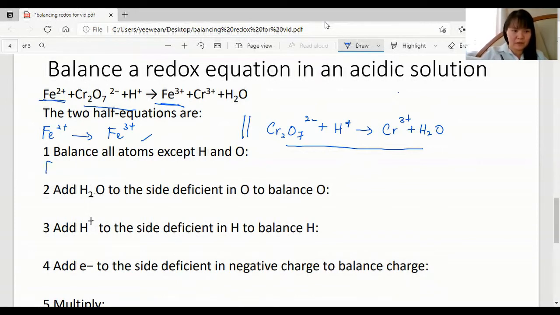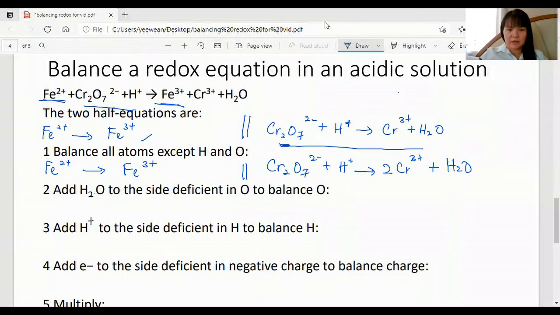So the Fe is already balanced. The other one, there are two Cr here. Okay, I've taken care of the Cr, but I didn't bother about the H and the O yet.